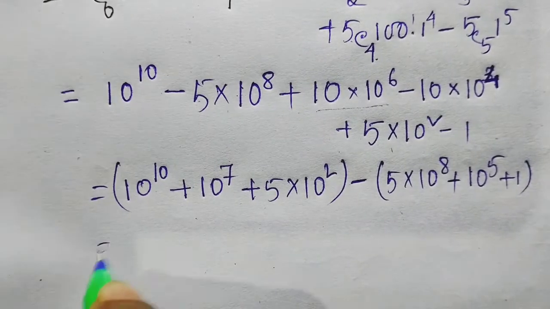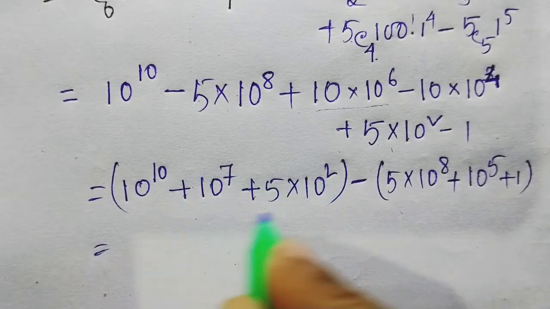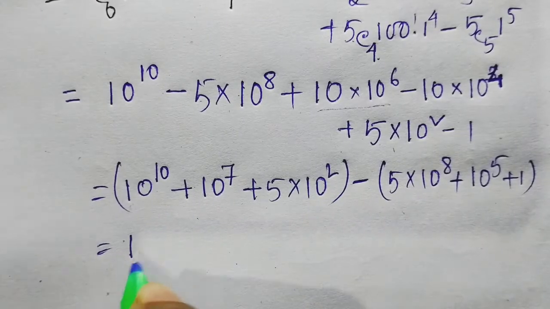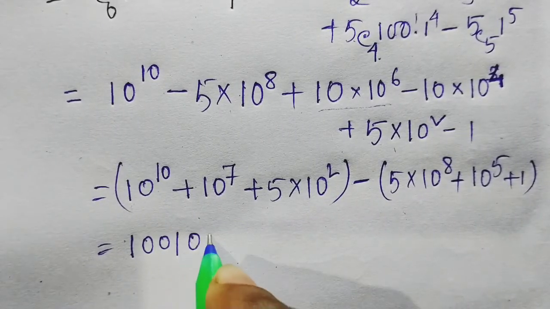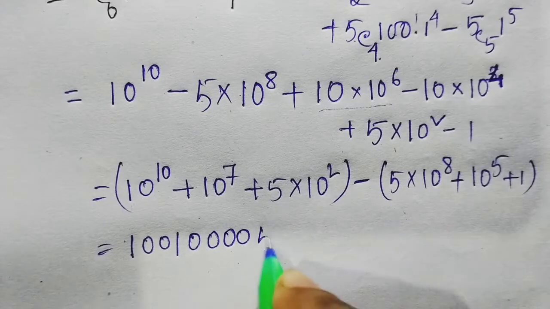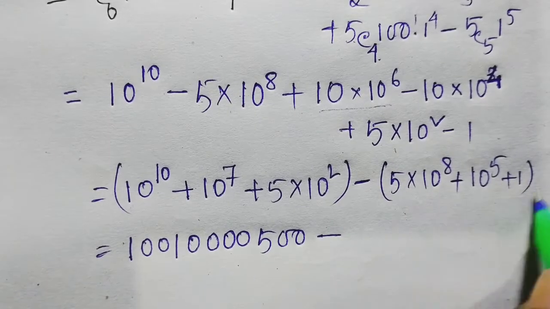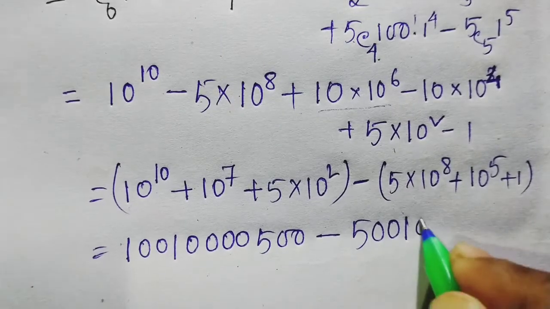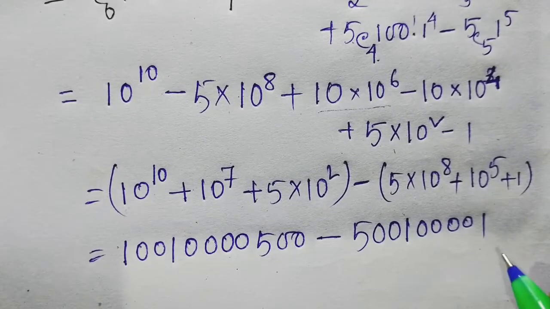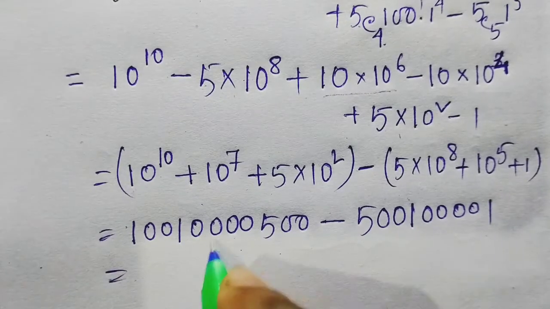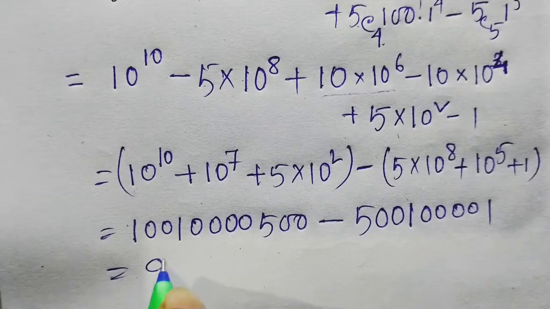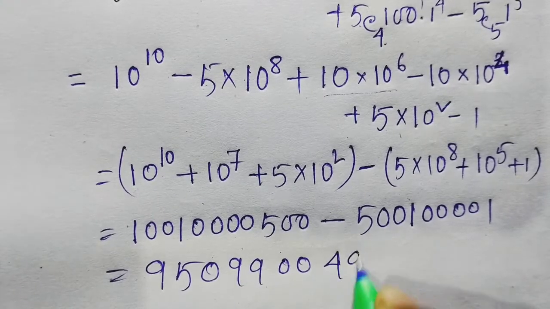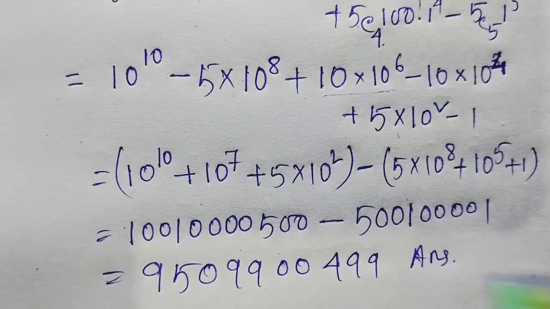Now if you simplify this, then the value of this function is 10010000500 and the value of this function will be 500100001, and if you subtract this from this, then you will get 95099000499, and this is our final answer.